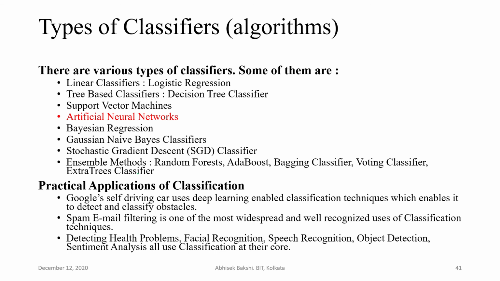There are a lot of different types of classifier and regression problems, but we will concentrate only on the artificial neural network in future. If time permits, then we can go for the other methods.